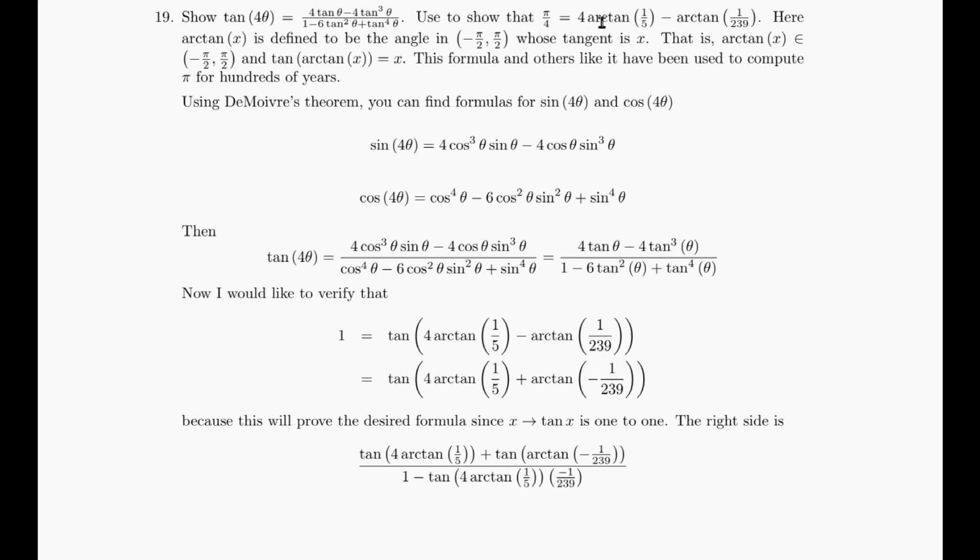Now, I need to tell you what arctangent is. We're going to discuss it a lot more later, but this is a good time to introduce it. Arctangent of x, an angle whose tangent is x, which is in minus pi halves to pi halves. Now, if you look at the graph of the tangent, it maps this interval from minus infinity up to infinity.